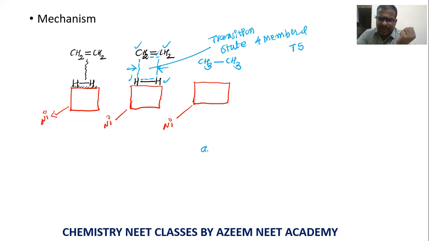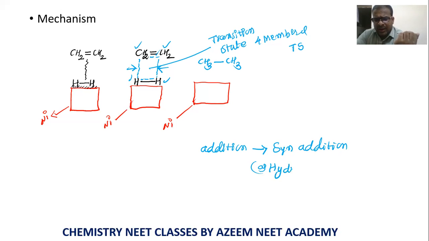So what kind of addition is happening here? It is an addition reaction. Which kind of addition can you see, student? This is syn addition. What is meant by syn addition? If both the reacting species' atoms are attacking the reactant from the same side, hydrogen attacks from the same side.